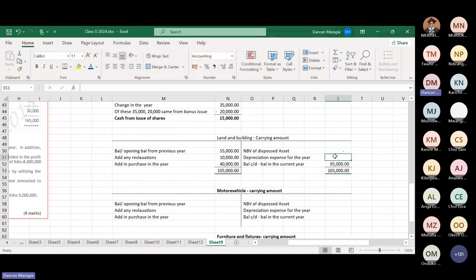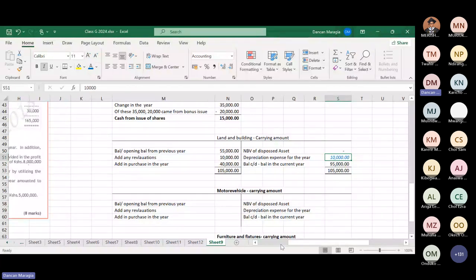So there was depreciation of 10 million to balance that account, correct? Correct. So you see, in that question, you are given some figures, while others are missing. Let's go to motor vehicle.